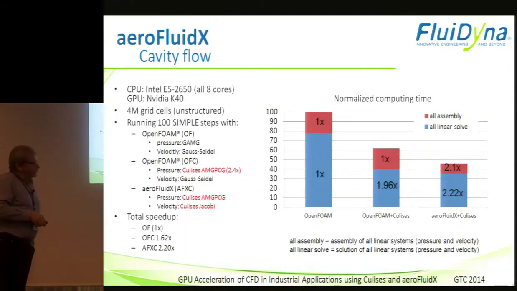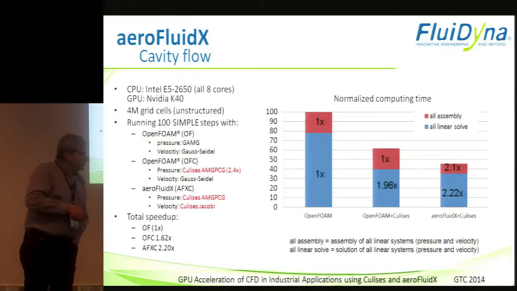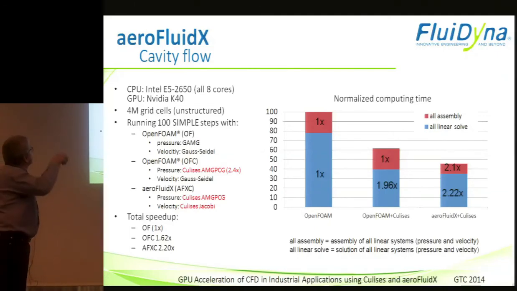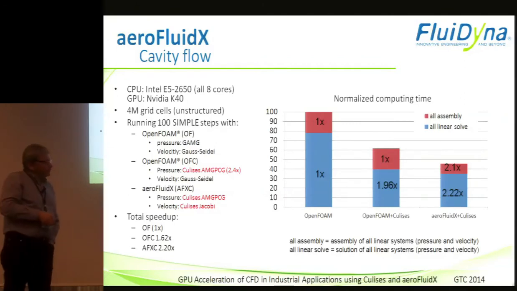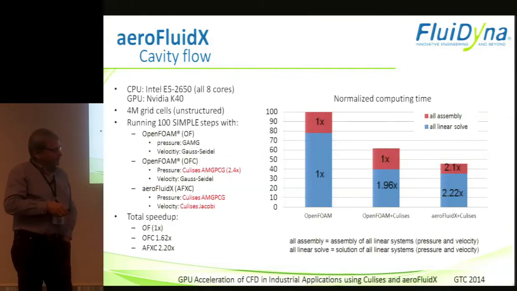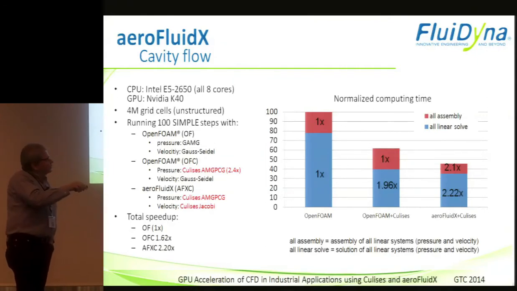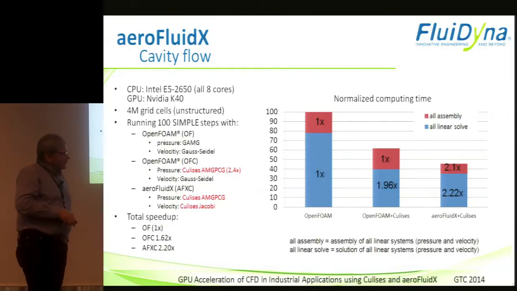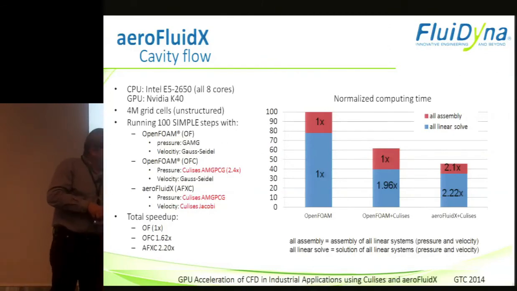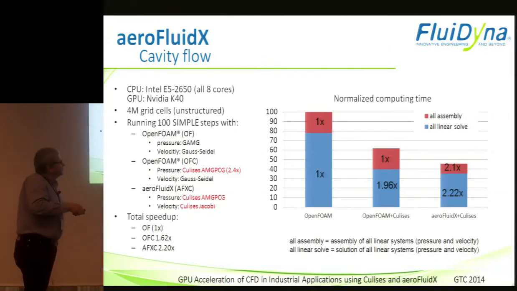Here are some benchmarks they did with their new code on GPU, 8 cores, the blue one with OpenFOAM, and with OpenFOAM plus Culises, where only the linear solver is running on the GPU, and with a new software where also the discretization is running on the GPU.